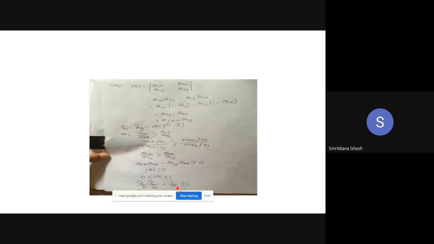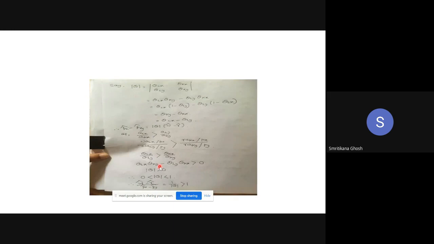Now you can ask me why I'm doing so much of determinant theta and so on. Because I want to prove a theorem. What is the theorem? The Stolper-Samuelson theorem.